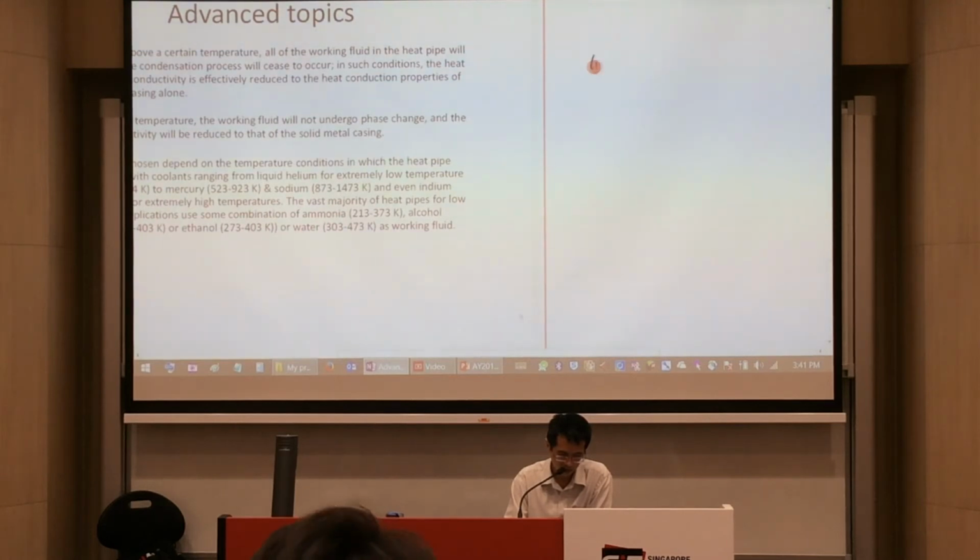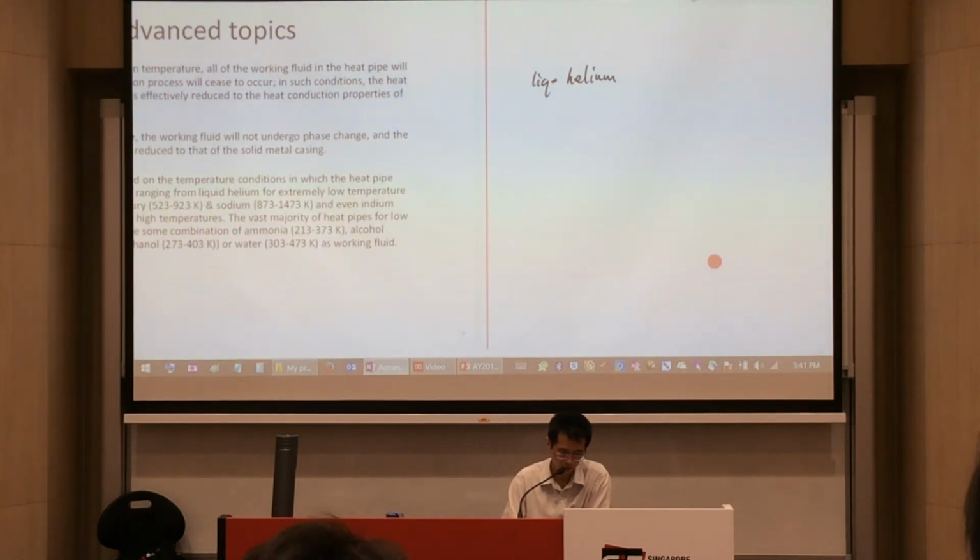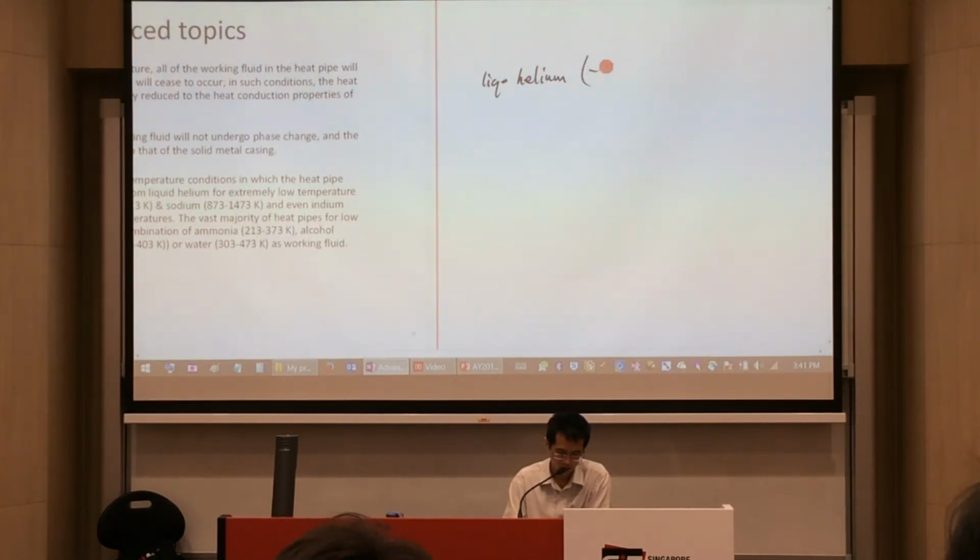You have the liquid helium. Now, obviously, to cool down liquid helium, you arrive at a very low temperature. So that one is minus 271 degrees Celsius to minus 269 degrees Celsius.